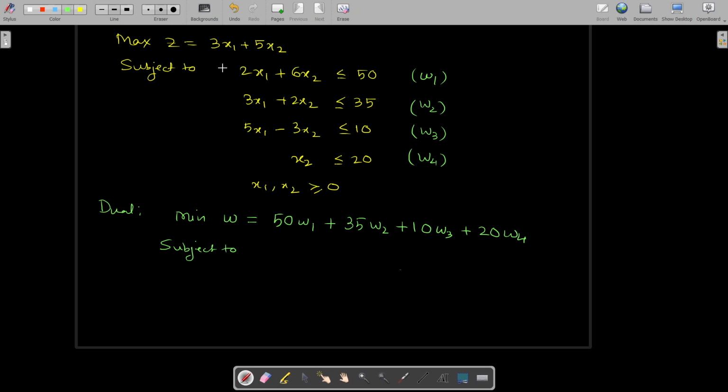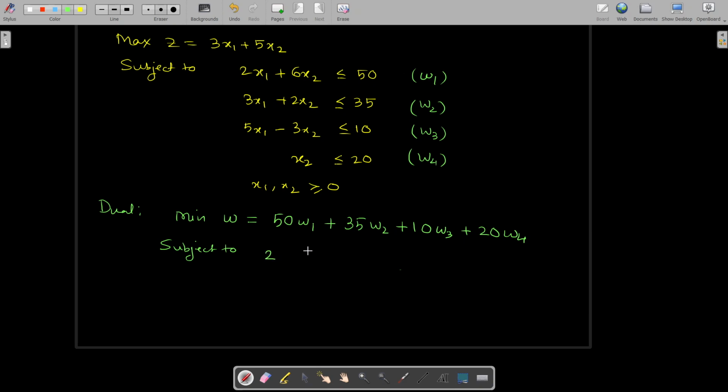In the primal problem we have two decision variables x1 and x2. So in the dual problem we are going to have two constraints consisting of these four dual variables. Now the coefficients in the first constraint will be 2, 3, 5 and 0. See, x1 is not there in the fourth constraint, so the coefficient will be considered as 0.